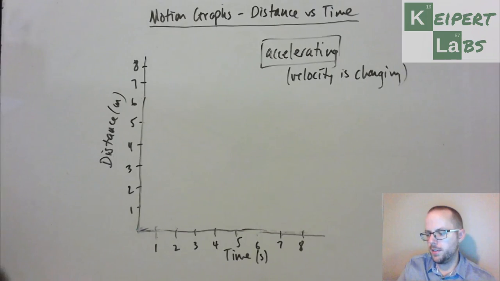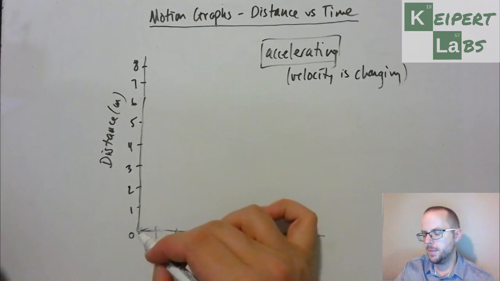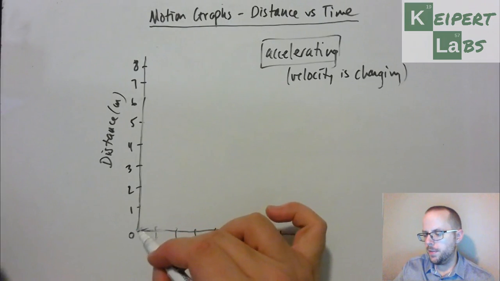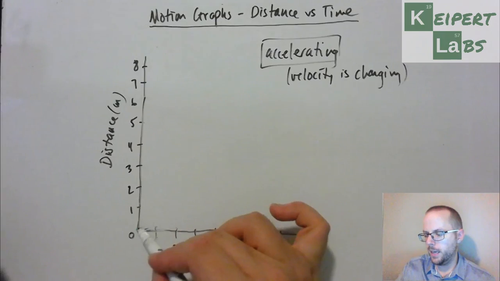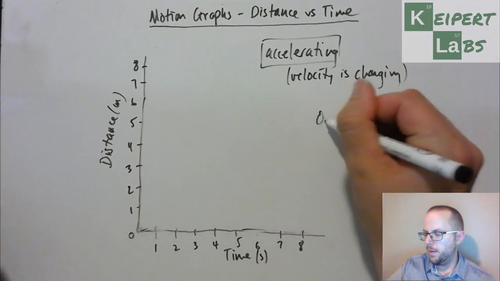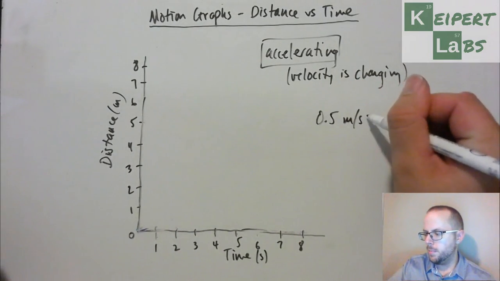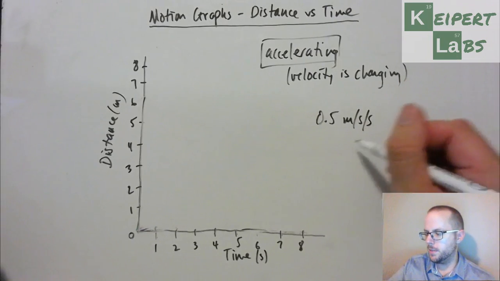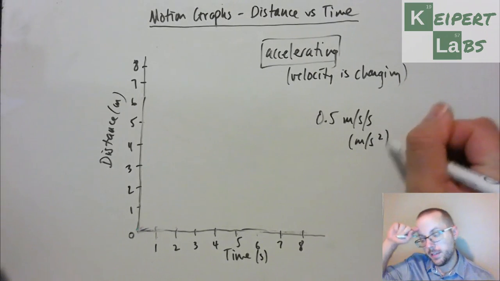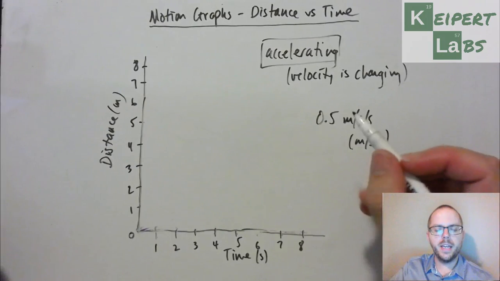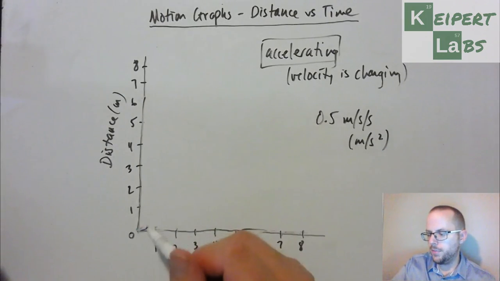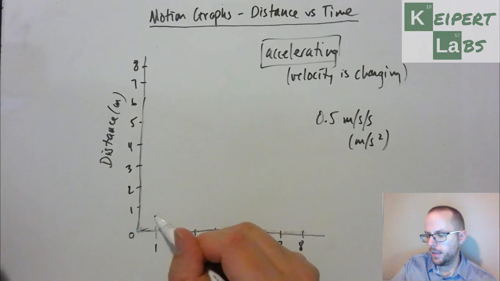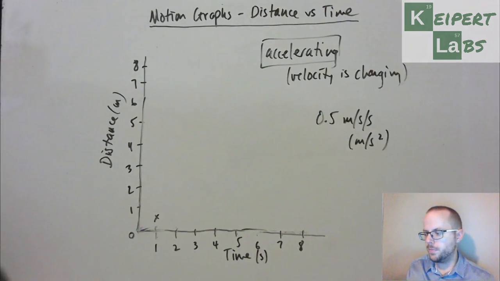So if it's starting at 0 seconds, maybe it's accelerating at 0.5 meters per second, that is, meters per second squared. So for every second that it's accelerating, it gets 0.5 meters per second faster. So after 1 second, it's traveling at 0.5.